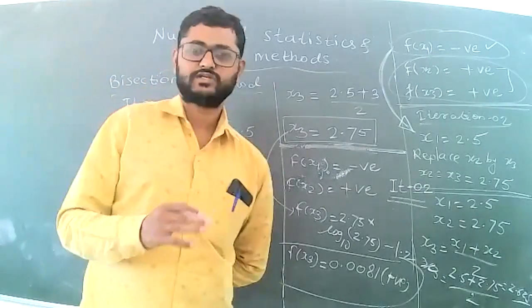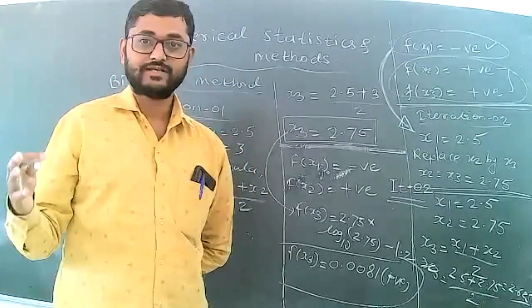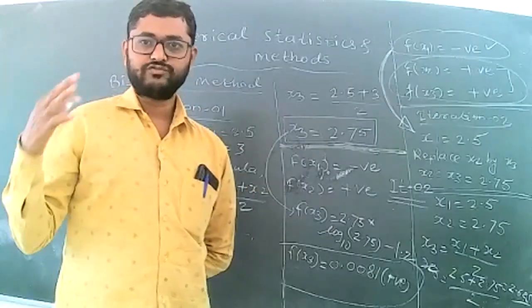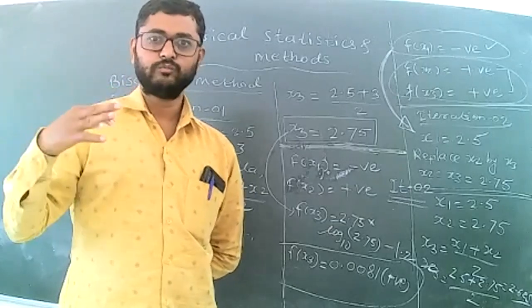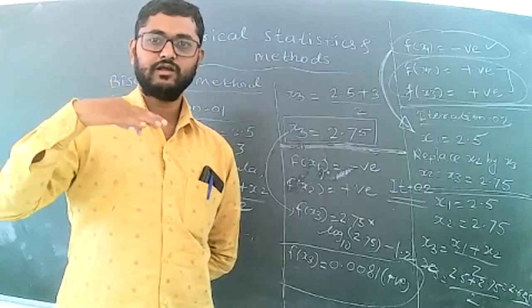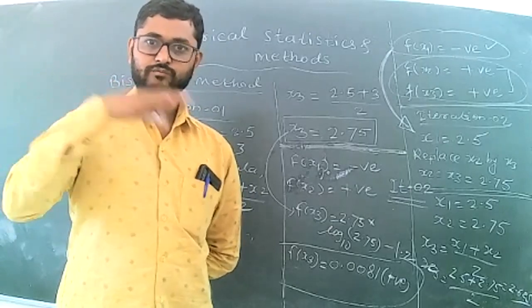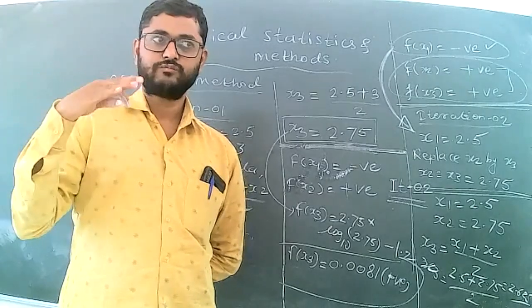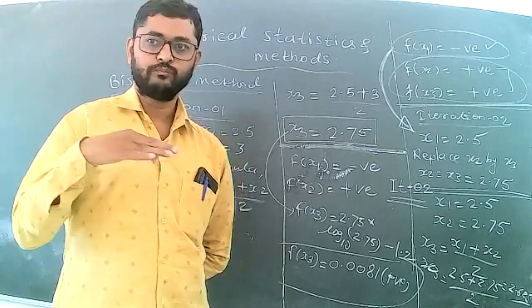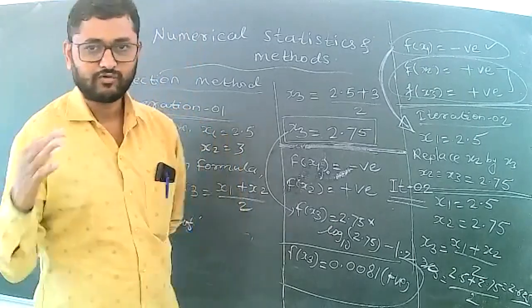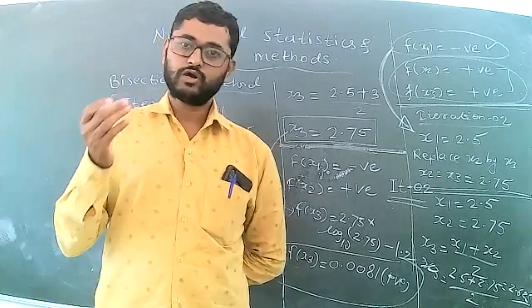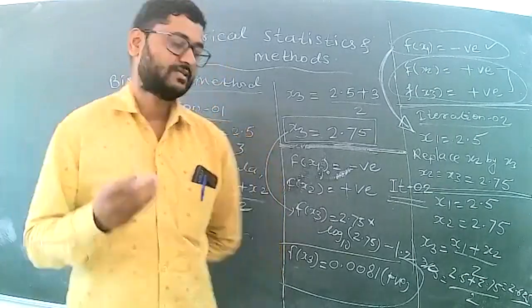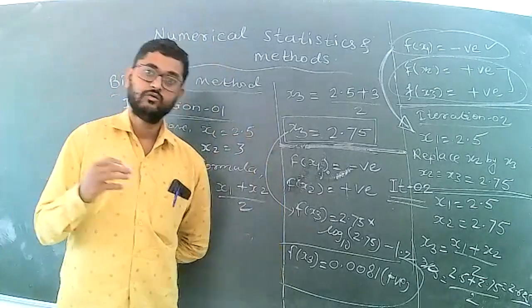Again, check the signs of f of x1, f of x2, f of x3. If out of 3, one function has a sign opposite to the other two, then take directly either x1 or x2 as it is from the previous iteration, and replace the other by x3.